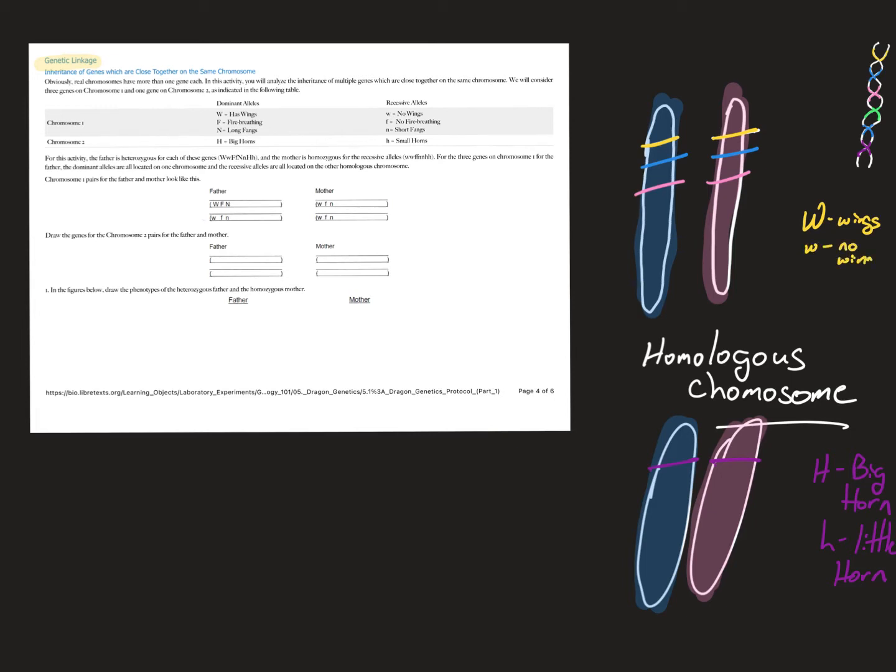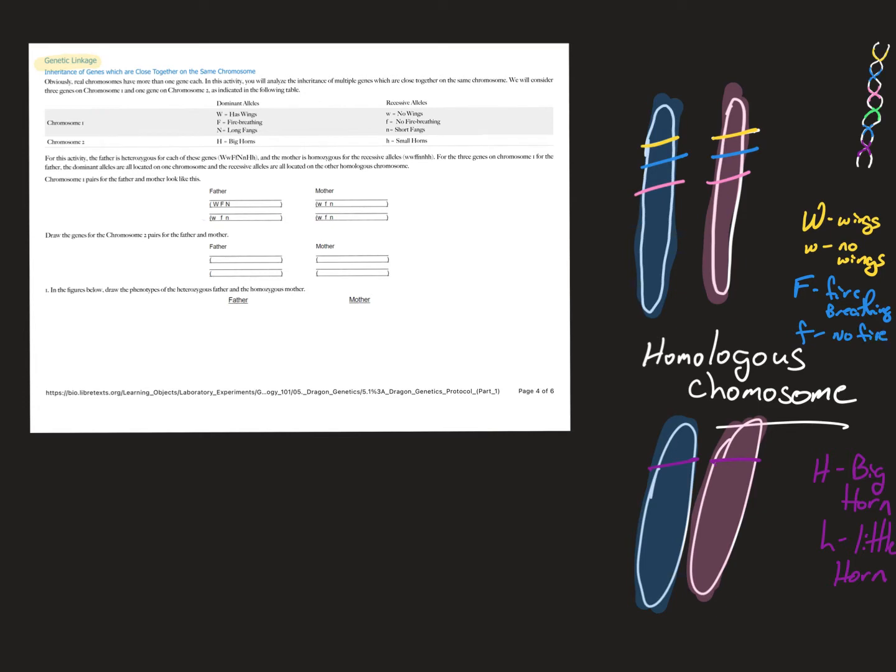As I said, I don't like using these letters because it's sometimes difficult to tell whether you're dealing with a big W or a little w unless you're typing it. And even then, it could be somewhat confusing. And then the F would be fire breathing, and little f, no fire.